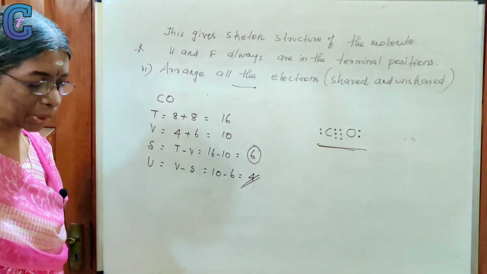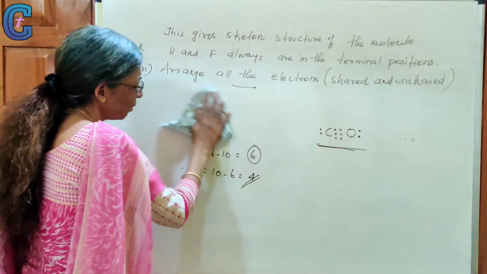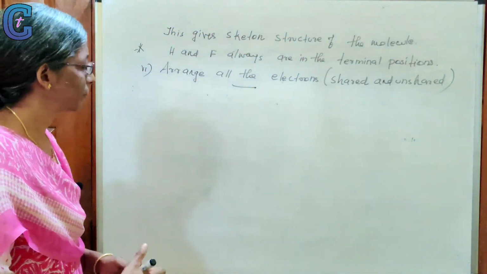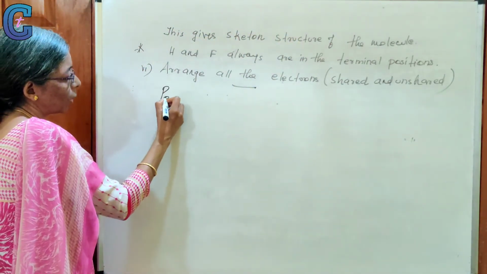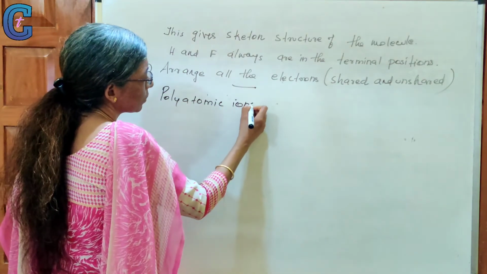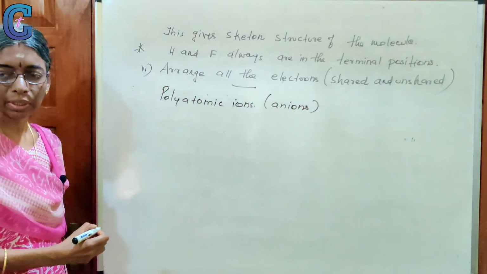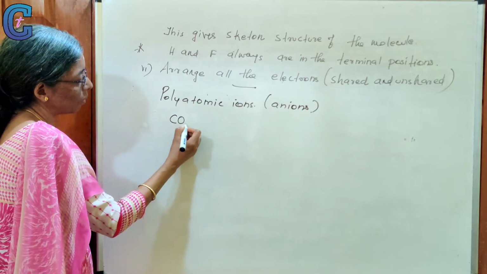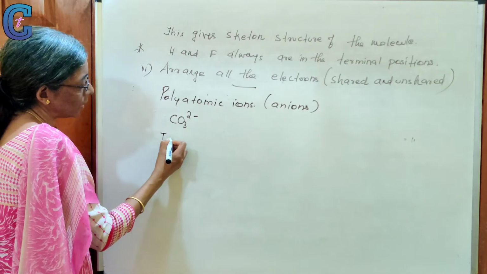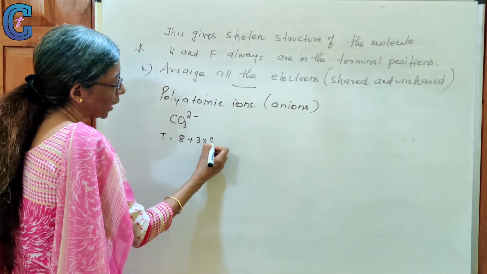Okay. Now we go for polyatomic ions. Those were simple molecules. For polyatomic ions, how will you do it? For example, CO3 2 minus. First we will do anions. Total electrons: 8 plus 3 into 8.